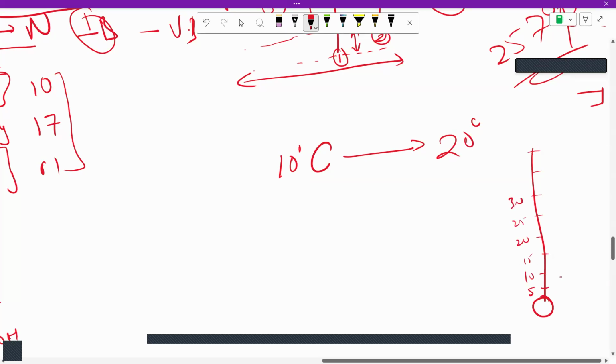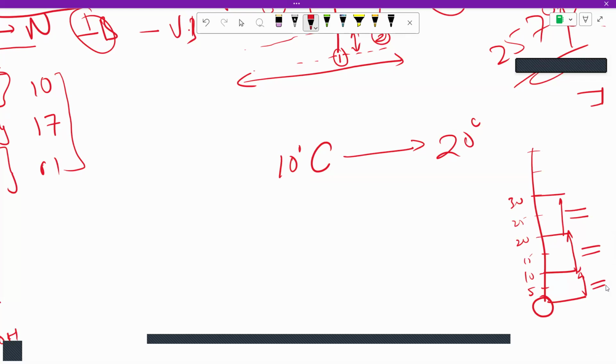Look at here, 10, 20. Are the intervals equal or not? Yeah, the intervals are equal.